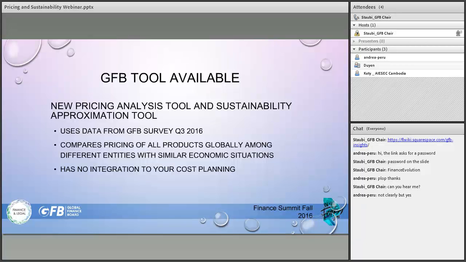So we have the GFP pricing tool, which you have hopefully already opened. If not, please go into the link I shared. The password is Finance Evolution, and then you can open it.